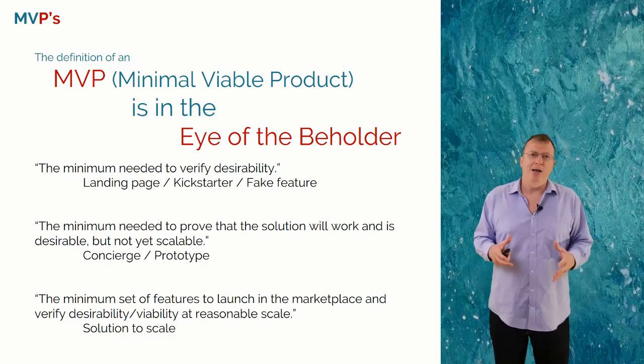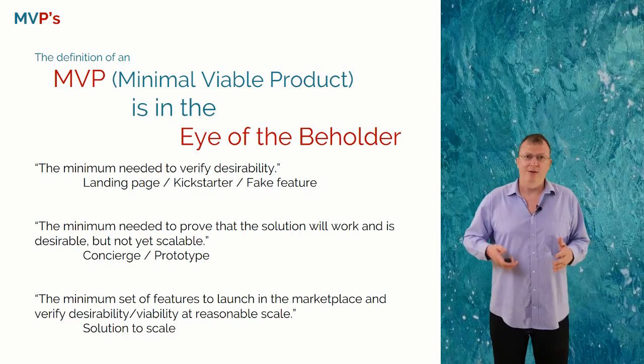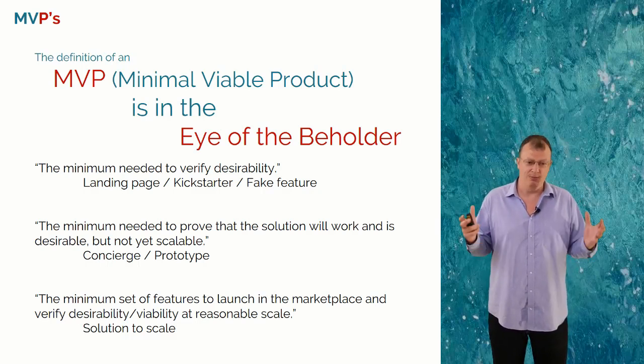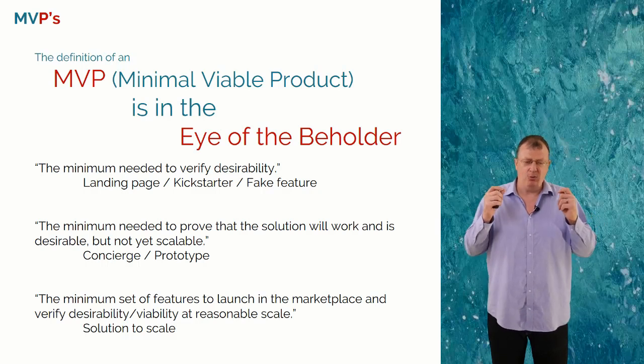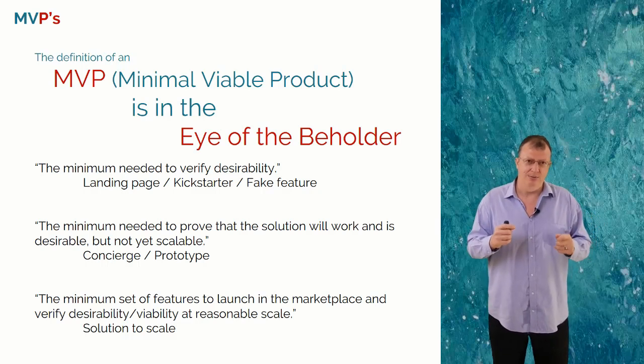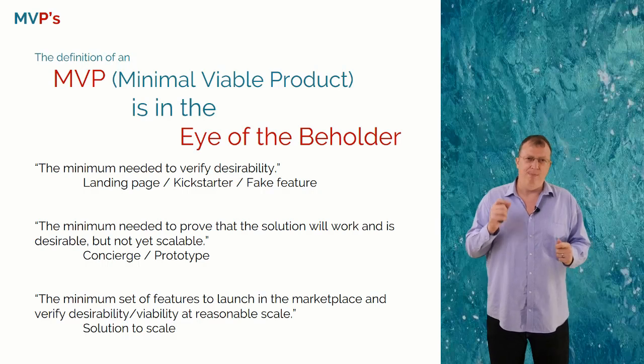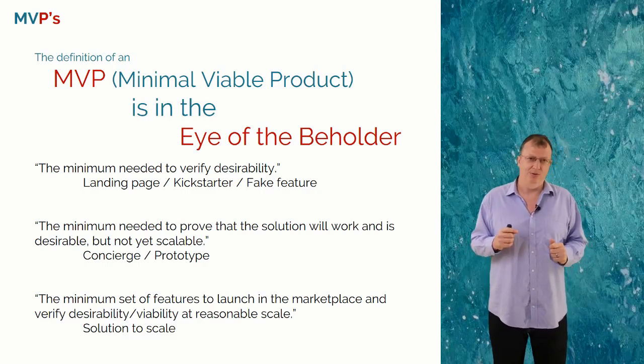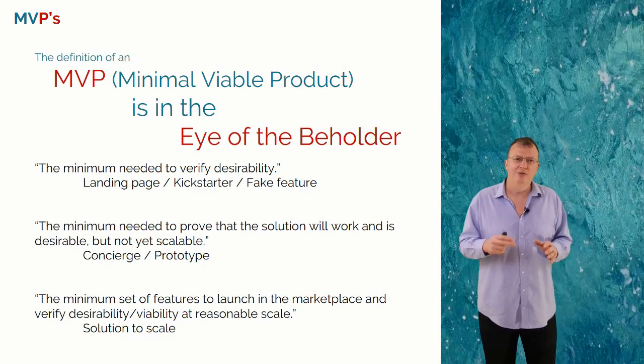And now we want to combine it and maybe do it via one of our channels, maybe via the brokers or via an app or a website. We build this thing and we want to test aspects of scalability. We want to see if we're going to get the mass uptake of this solution. And so these are different kinds of minimal viable products.